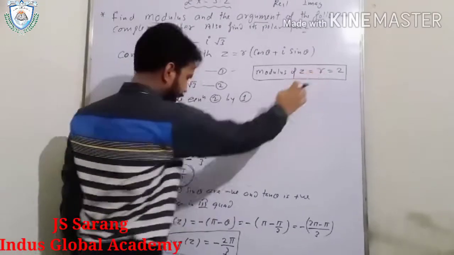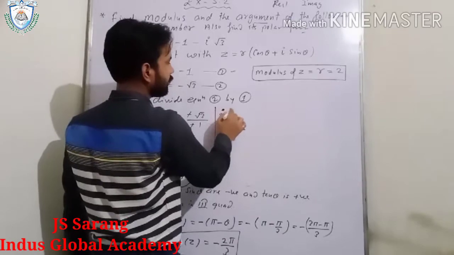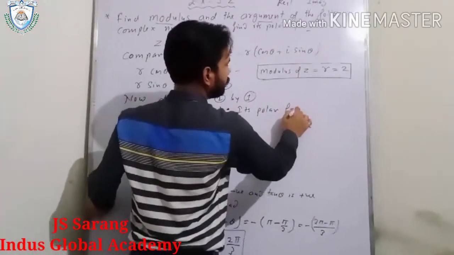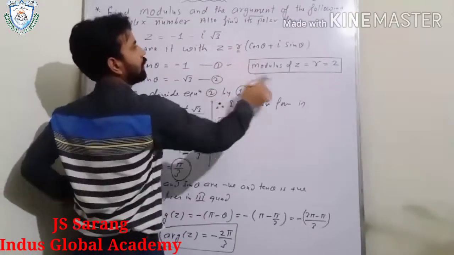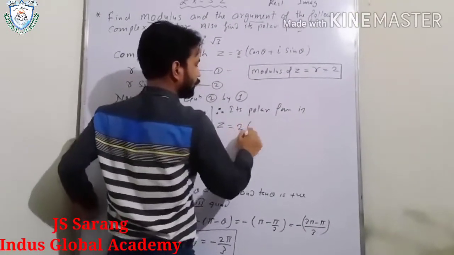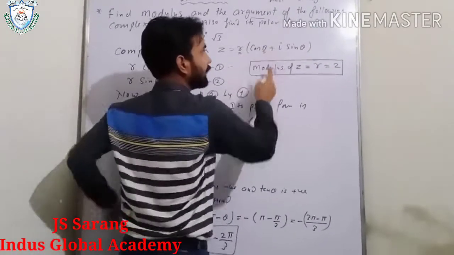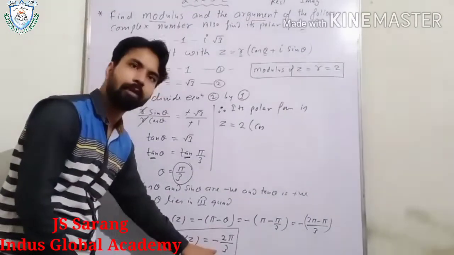After finding modulus and argument, we have to write, hence its polar form is z equals r, which is 2, into cos theta, where theta means the argument of z. What is the argument of z? Minus 2 pi by 3.